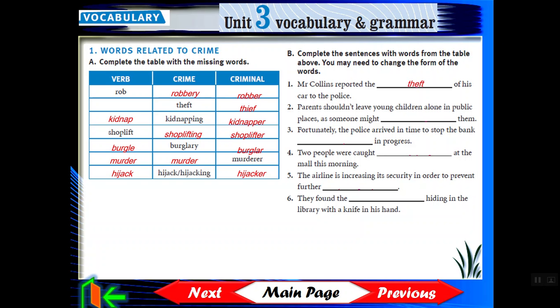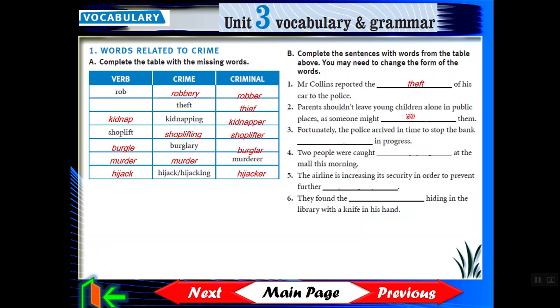It is theft, because here we need the noun. Look at number 2. Parents shouldn't leave young children alone in public places, as someone might. So it is about children. So when you think about children, you want to protect them. From whom? From kidnapping, from a kidnapper. So here, kidnap.